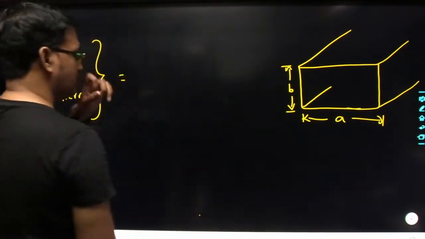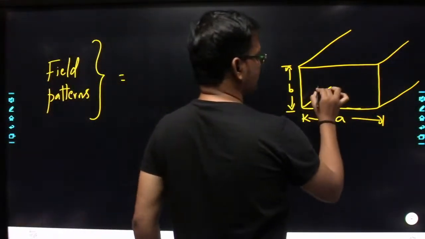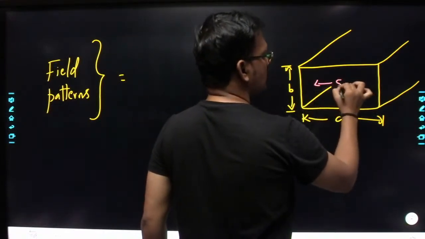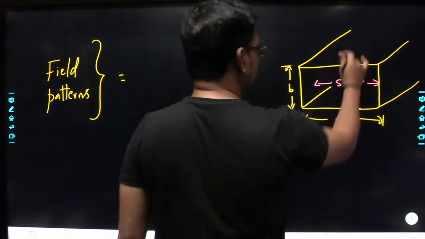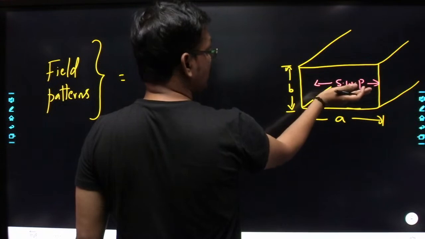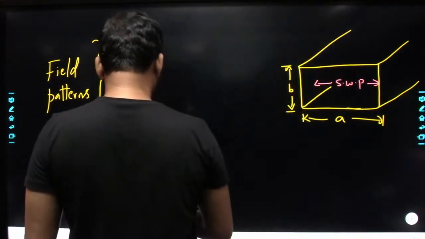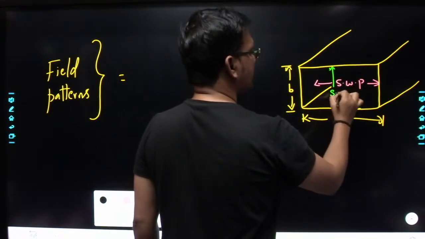What I have told here is that between any two conducting plates you are going to have one standing wave pattern, and between the other two conducting plates, bottom and top, you must have another standing wave pattern.